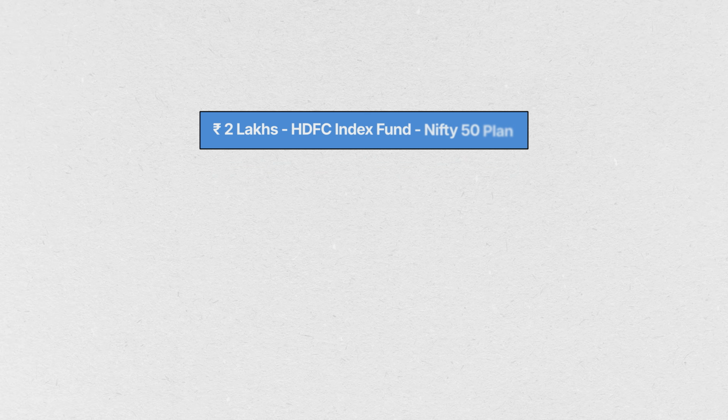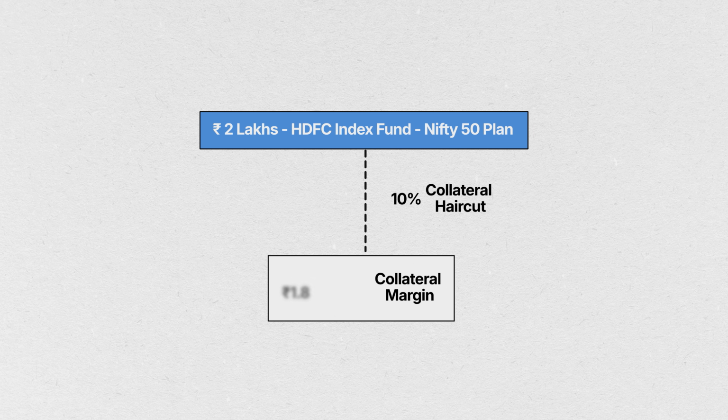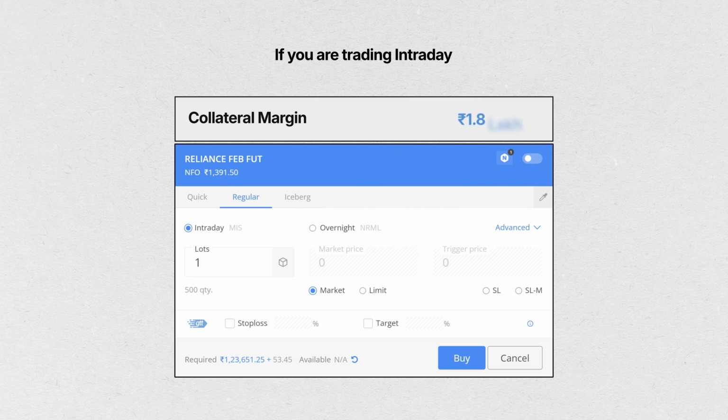trading account. Let's go back to our 1.25 lakh margin example for one lot of Reliance futures. Assume you have 2 lakh invested in an index fund, and you pledge those units with your broker. If the collateral haircut is roughly 10%, you receive about 1.8 lakh as collateral margin. If you are trading intraday, you can technically use the entire 1.8 lakh of pledged collateral to take one lot of Reliance futures without needing any additional cash.